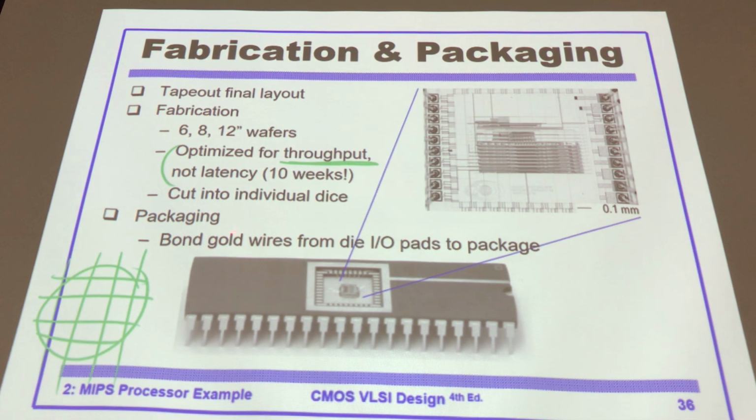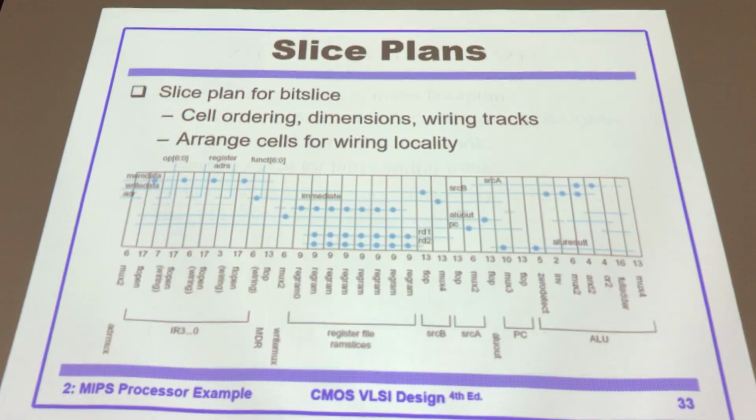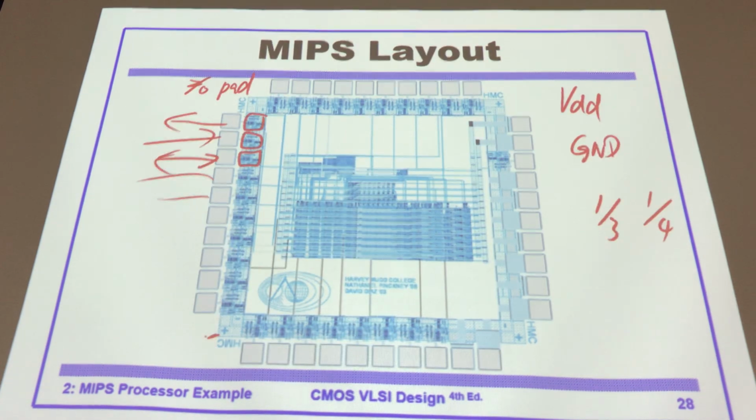And use the package and also bond gold wire from the die IO pad. We mentioned it before, right? IO pad. IO pad is this. The wire on the outside, and inside is also wire. Okay? Connect to the circuit.